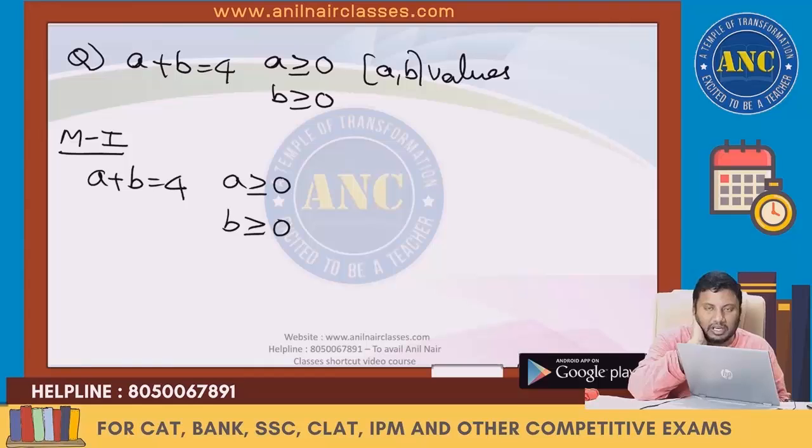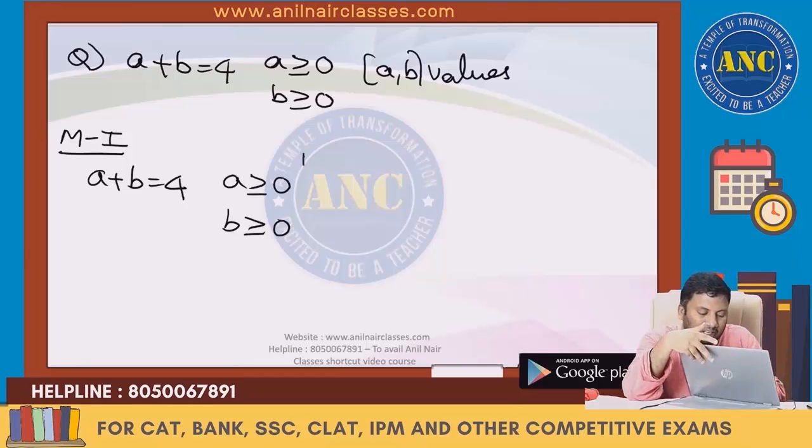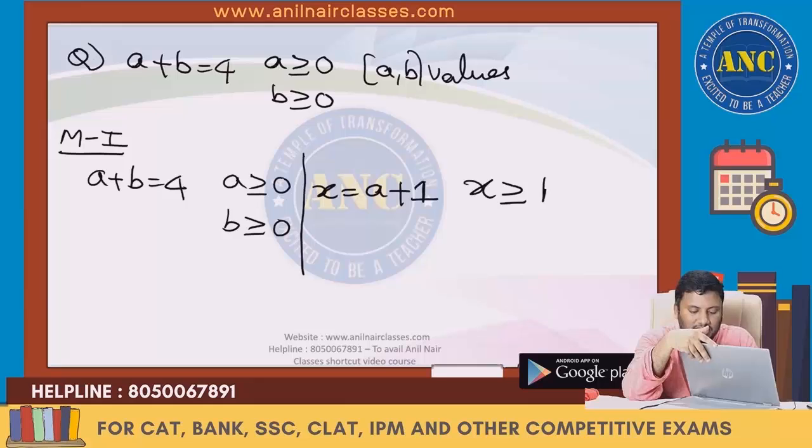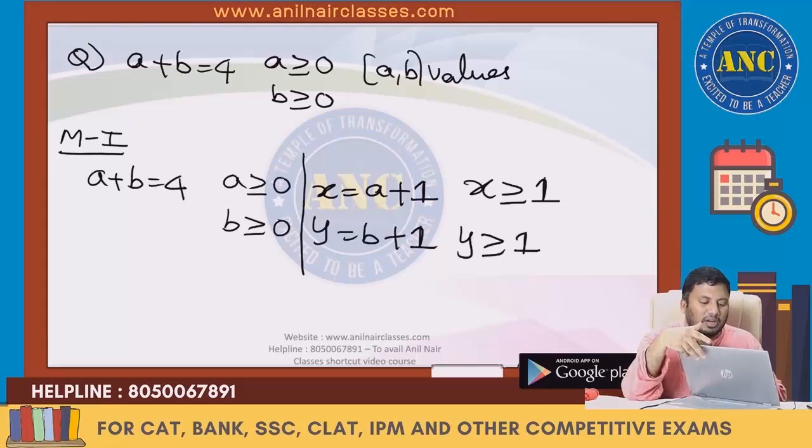I know a method to solve it when they are starting with 1. So I will take another variable, x is a plus 1, x is greater than or equal to 1, y is b plus 1, y is greater than or equal to 1.